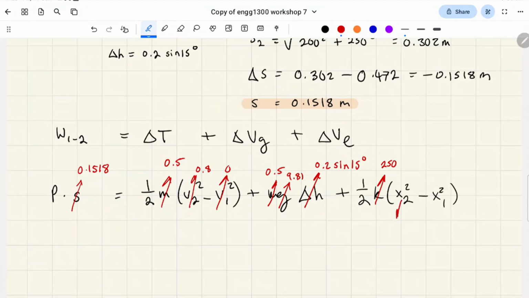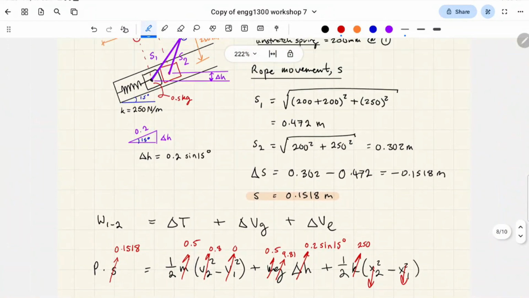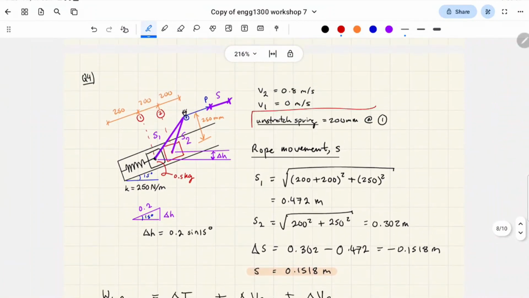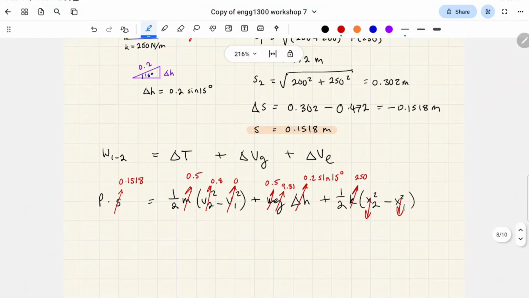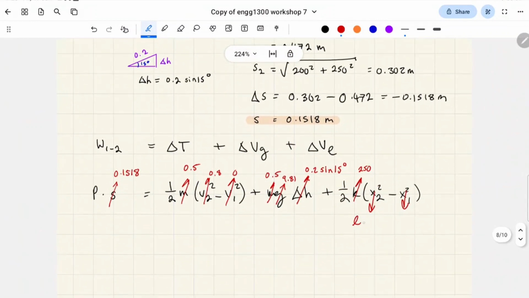Okay, so here we decided to write these as part of the equation instead of doing it earlier. So let's think about it. Your unstretched spring length is 200 mil. What this translates to is L0 is 0.2 meters. That's what they're saying, right? And if we remember our formula, it's like this, where we know this is 0.2.